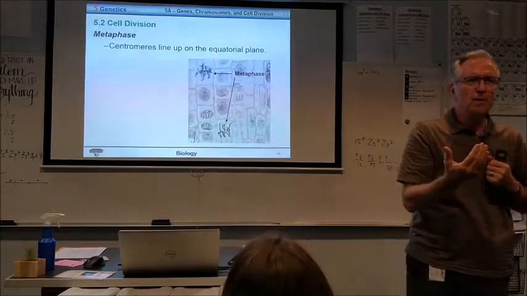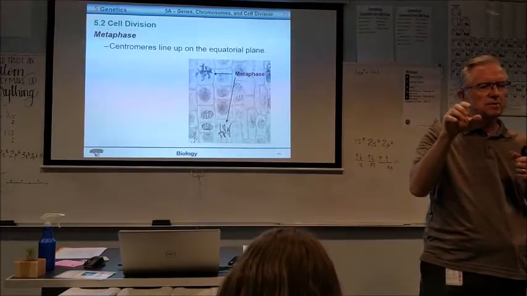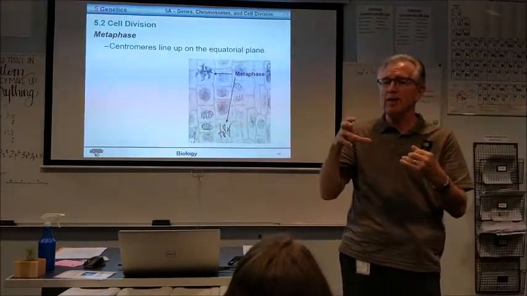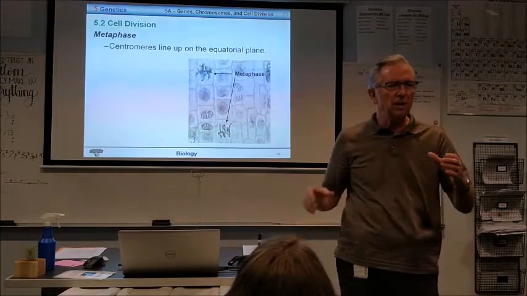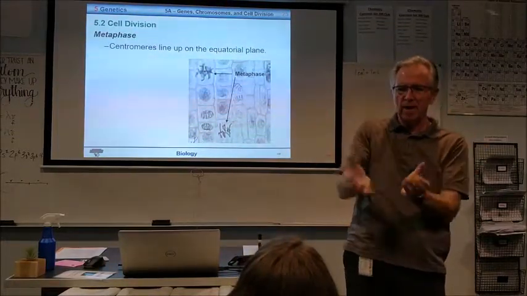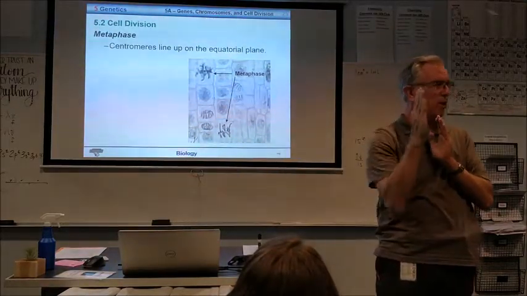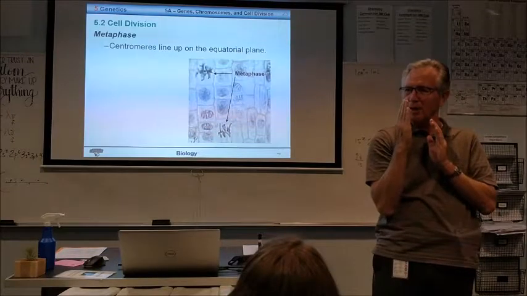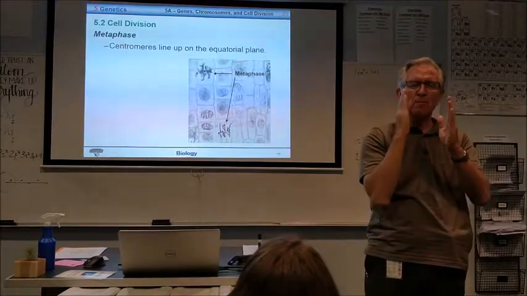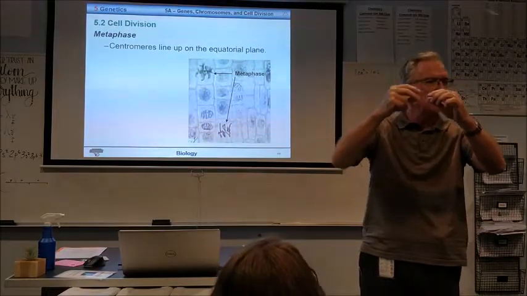Now, the part that makes it a little bit different, you have to remember that this is in three-dimensional space. So instead of the cell being flat, it has size, and it has a plane going through it. You remember what a plane is from geometry? A plane going through it, and all these chromosomes are lined up along this plane.